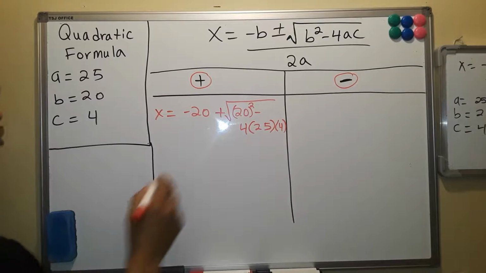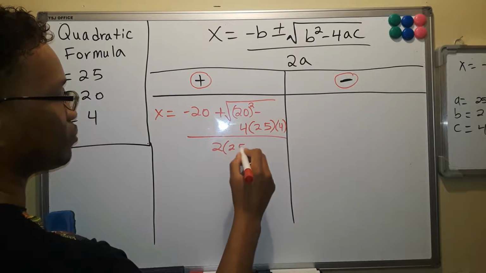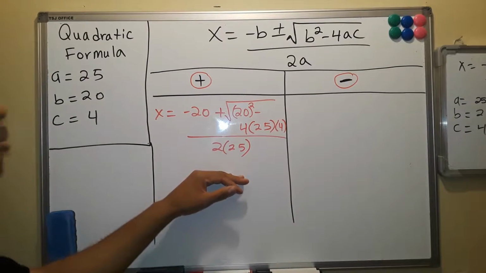Okay? All of this over 2 times a, which is 25. That's the positive side.